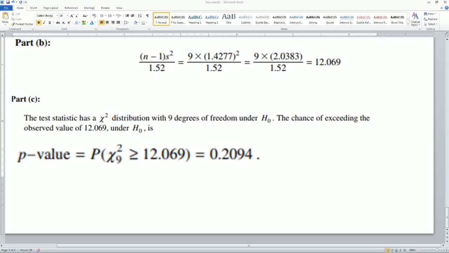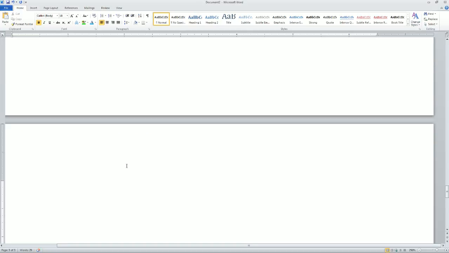Also, we need to find the chi-square for the whole thing. That one? Correct. Wait, hold on. Here, let me pull that up.